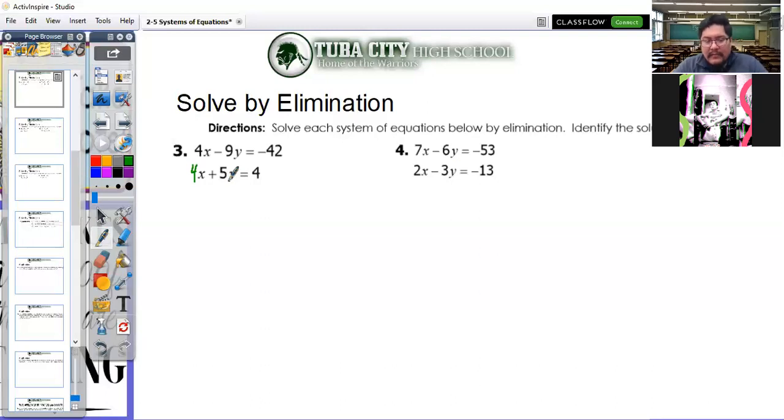Now, I'm going to have to change at least one of them. So I'm going to leave this top one the same, but I'm going to change this one here, and I'm going to multiply it by negative 4.